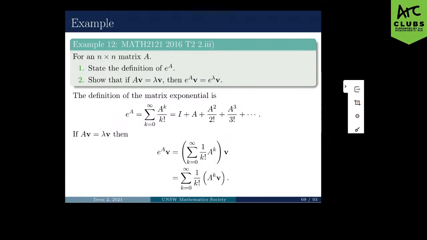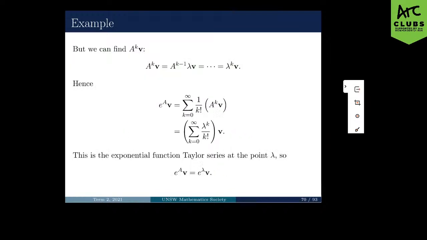So anyways, let's try to solve this problem. We have e to the power of A times v, and we can write e to the power of A as its corresponding Taylor series expansion by definition. And just rearranging, we get this, and we want to focus on this term here: A to the power of k times v. But this is nice because A to the power of k times v is equal to lambda to the power of k times v.